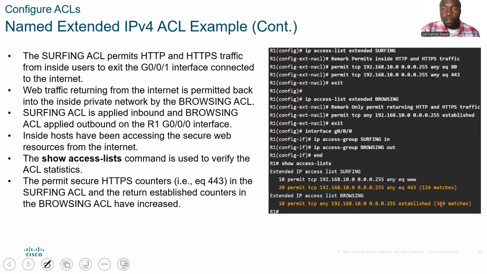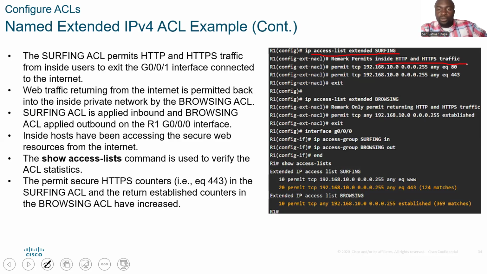So these are the commands for the surfing. When we say surfing, that is from the inside network, you're going outside. And then you say browsing, from outside is coming in. So it says remark permits inside HTTP, HTTPS traffic.